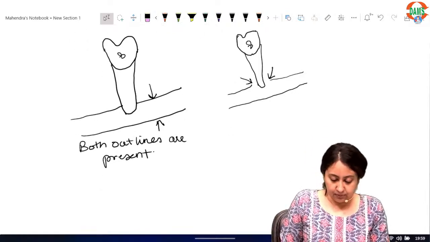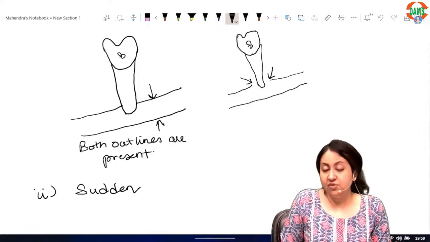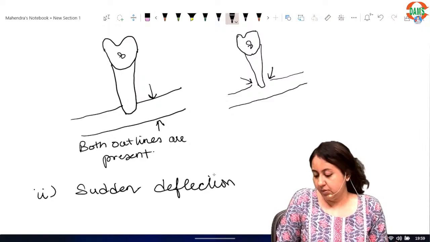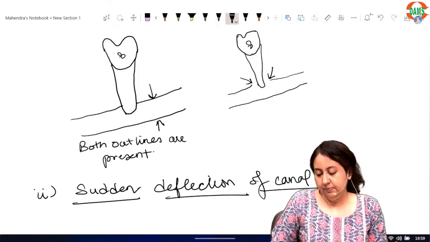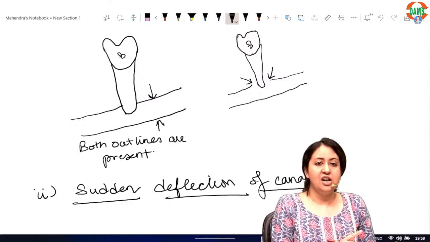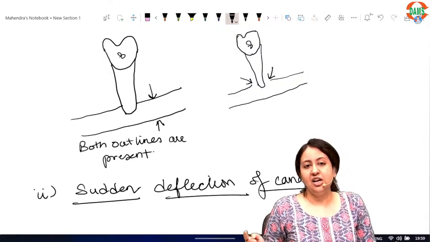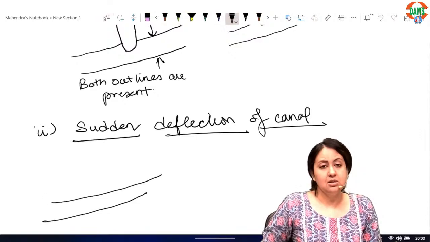All right, now the second criteria related to inferior alveolar canal is sudden deflection of canal. Related to criteria related to teeth में या tooth में क्या था? Sudden deflection of root. Criteria related to canal में there is sudden deflection of canal. Normally canal is like this.